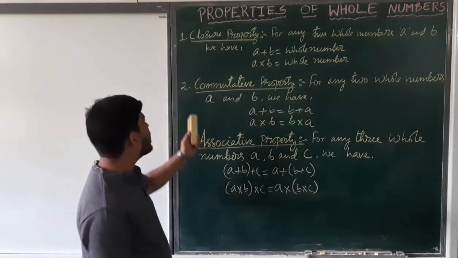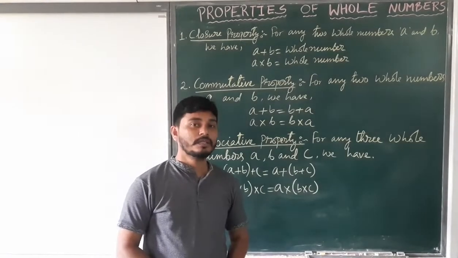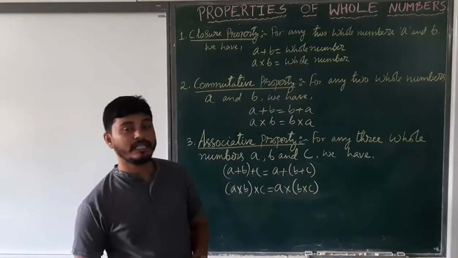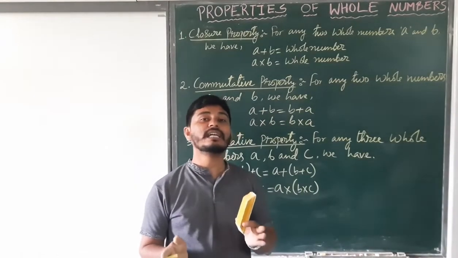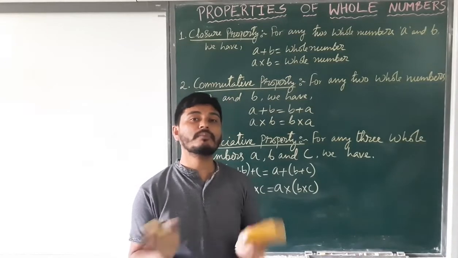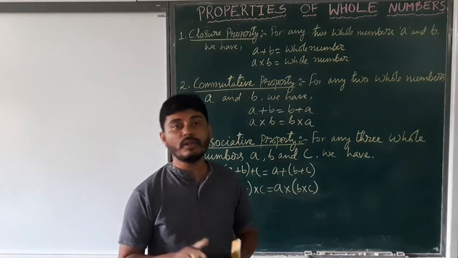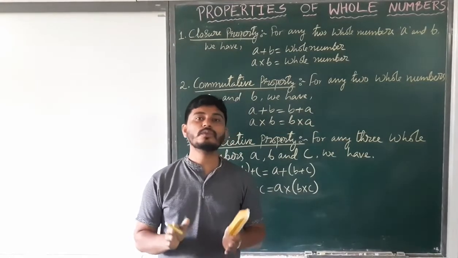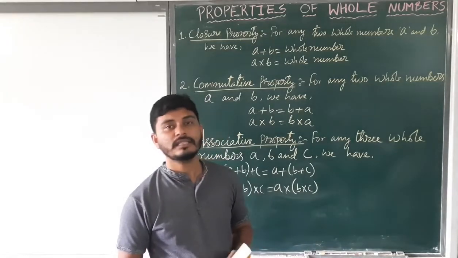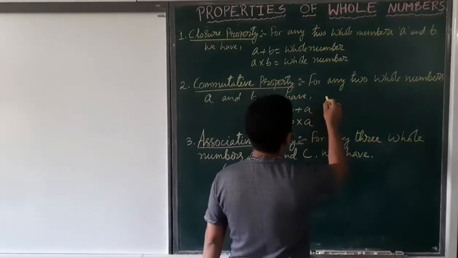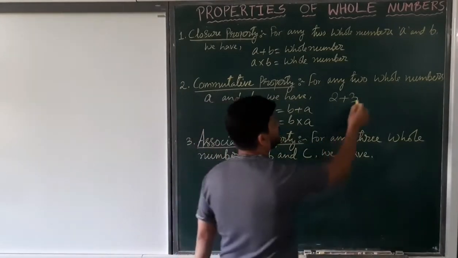The next property is the commutative property. For any two whole numbers a and b, the commutative property says that we can add two whole numbers in any order, the result will remain the same. Also we can multiply two whole numbers in any order, the result remains the same. For example, 2 plus 3 is 5, we all know that.